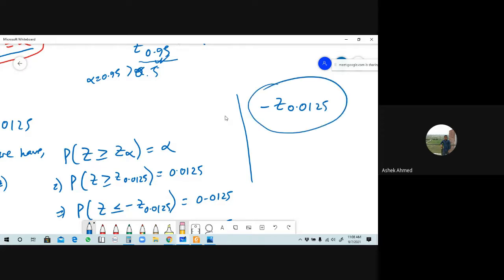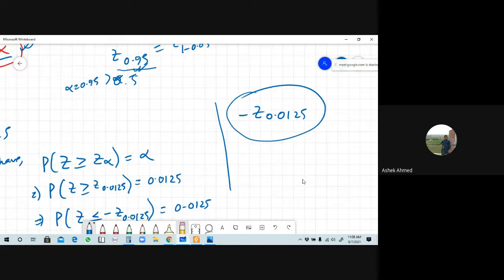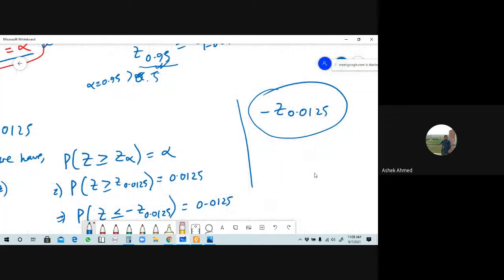At first you have to remember that for this formula, the coefficient of z suffix alpha was positive or negative? Tell me. That was a plus value, but the coefficient of z suffix 0.0125 is, sorry, minus here. So at first for applying this formula you have to convert this minus into plus.